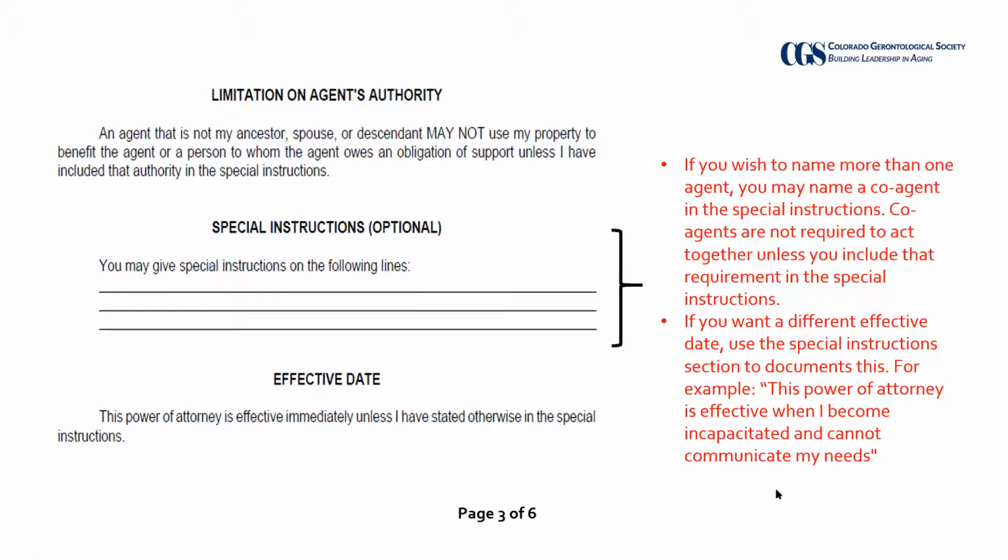So I would say be very clear and very specific. And as far as the effective date, just make sure that you know what you want that to be, so you're able to have that start at the time that it makes sense for you.